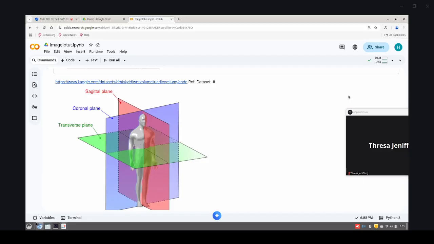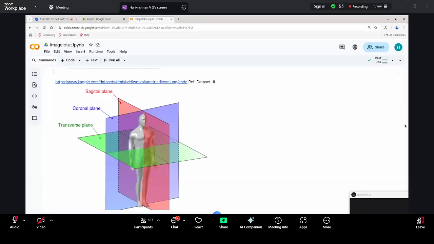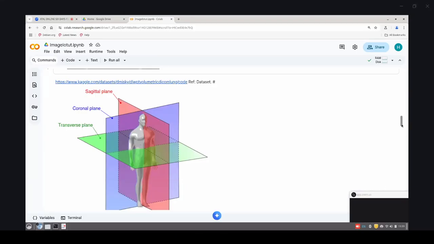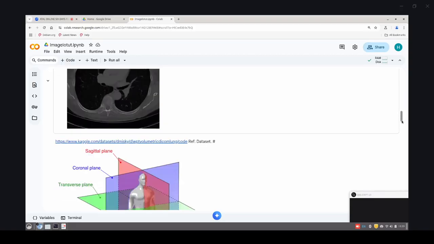In short, it is like taking a bread and cutting it into smaller pieces, maybe 10 or 15 pieces. One side of the bread that you see is the transverse plane, which is what you have seen previously. So this is axial slices along the transverse plane.